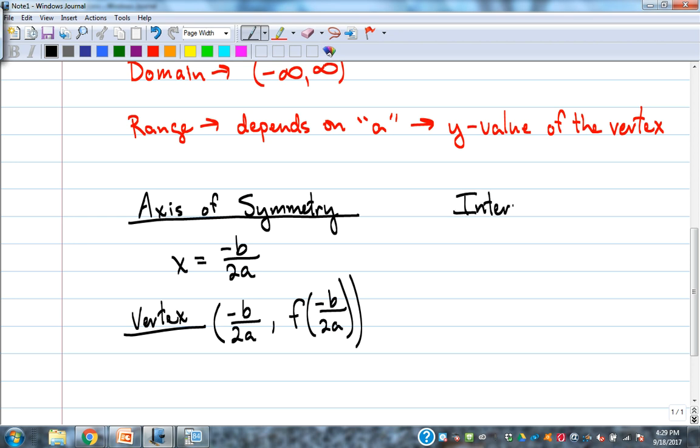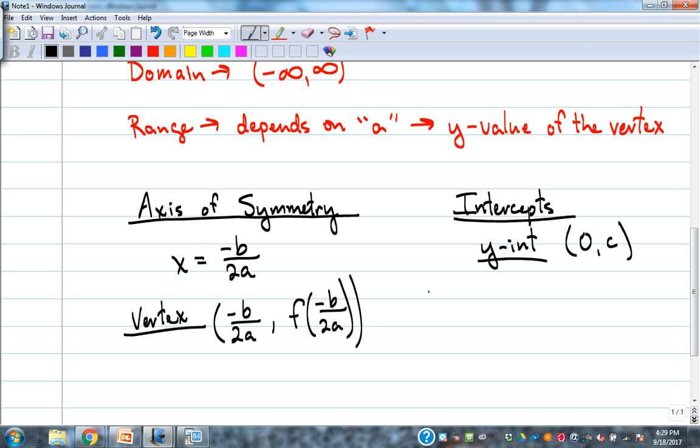When you talk about intercepts for a quadratic, the y-intercept, if it's in standard form, is always (0, c). Every single time. Or you could just plug 0 in for x. That's what gets you that. (0, c) is the y-intercept.